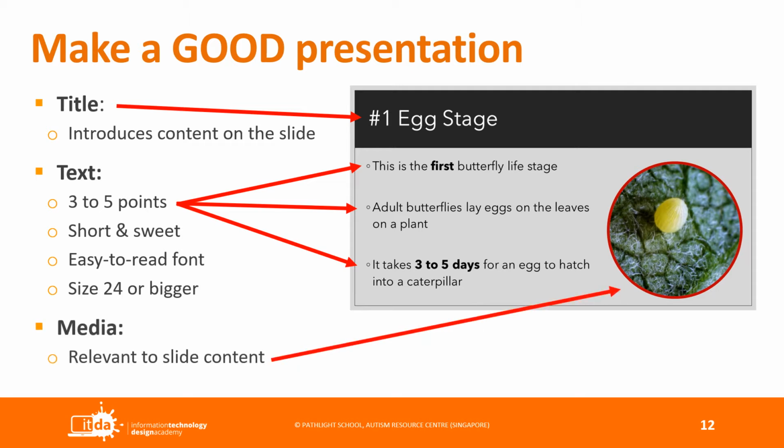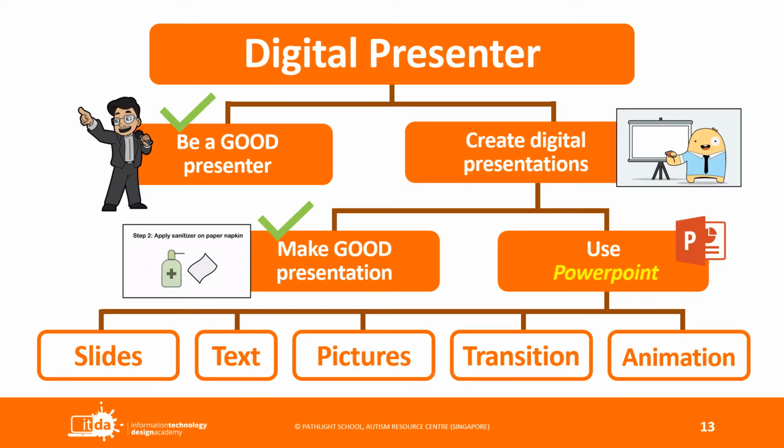Okay, and if you were to add some pictures, make sure your picture or media is relevant. Relevant means talk about the same thing on the slide. Okay, if Miss Claire's slide is talking about egg stage or butterfly, I show egg stage or butterfly. Alright, simple as that.